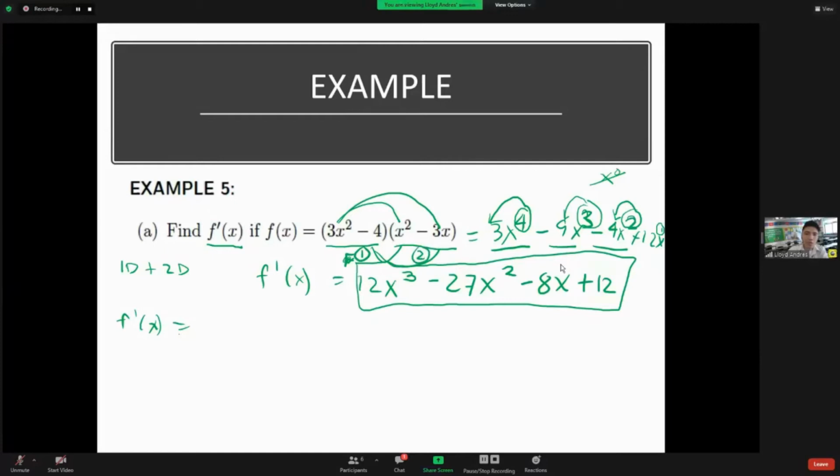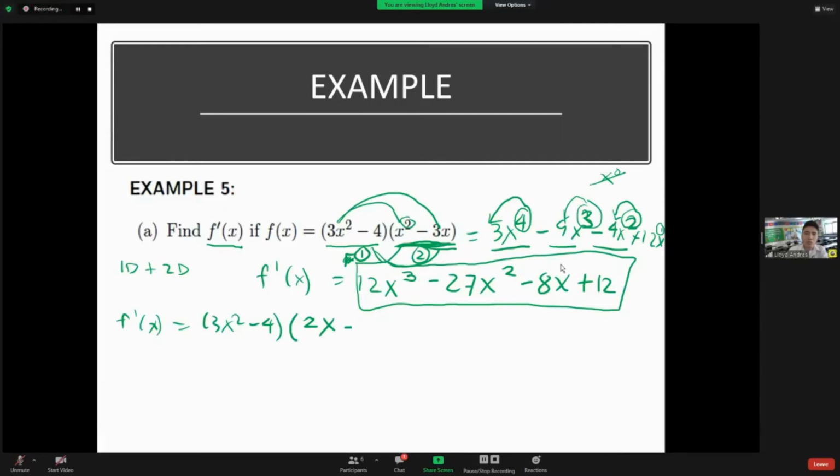So, copy the first, that's 3x squared minus 4. Tapos, derivative sa second. So, x squared man na. So, ibaba na to si 2. So, mahimo siya 2x. Exponent 2 minus 1, 1 na lang.